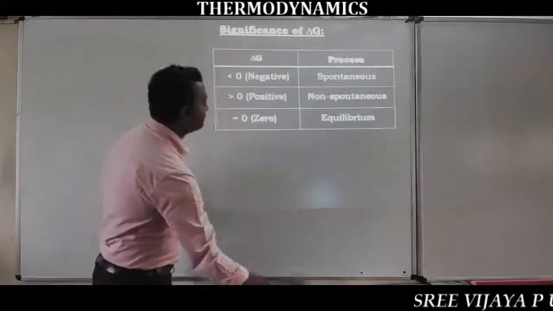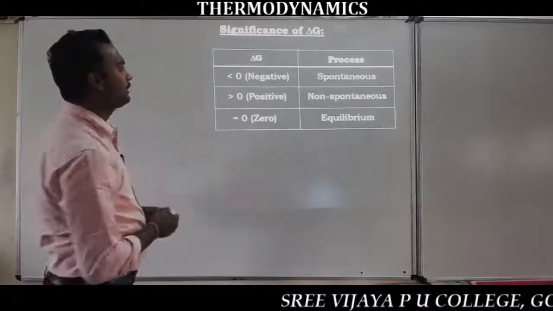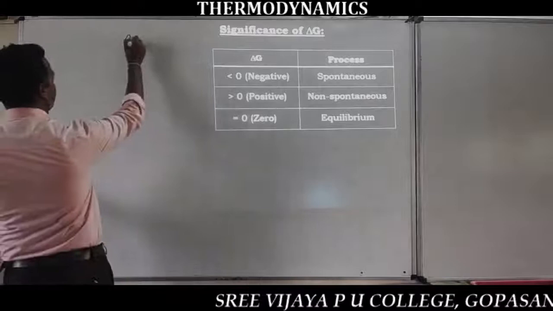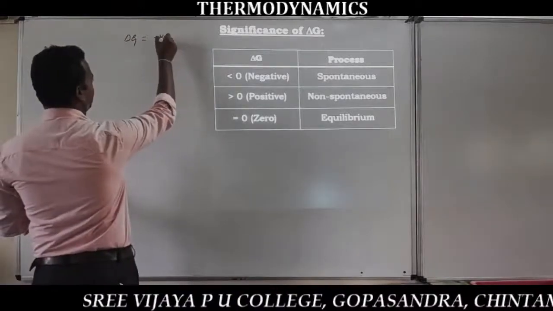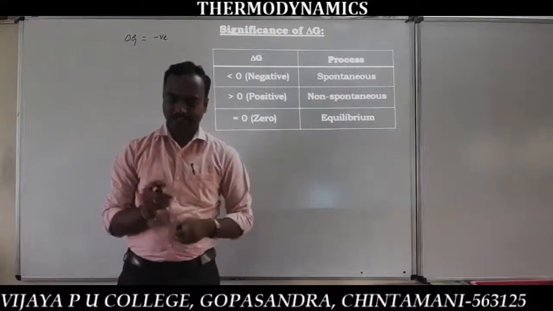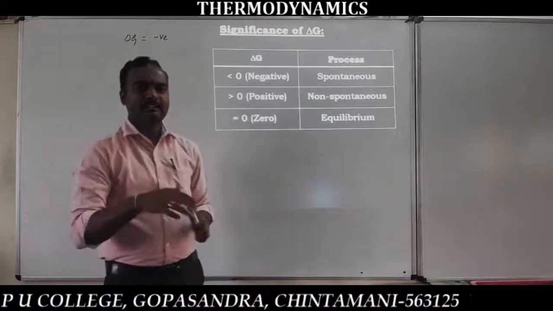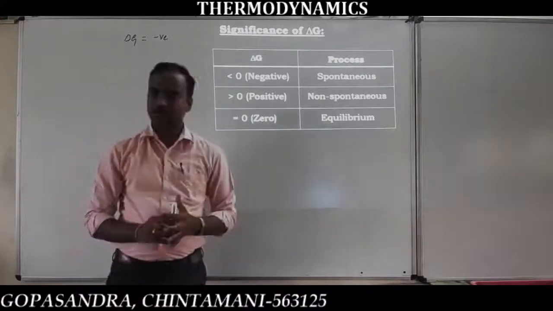Next is the significance of delta G. If delta G, that is Gibbs free energy, is negative, less than 0, then the reaction is taken as spontaneous. Spontaneous is nothing but the reaction takes place by itself. Such a reaction or process is called a spontaneous reaction or spontaneous process.